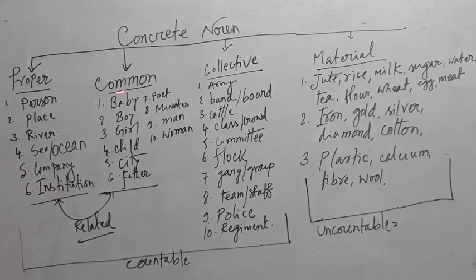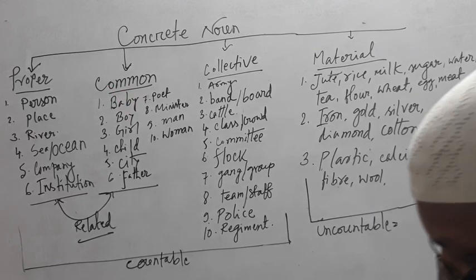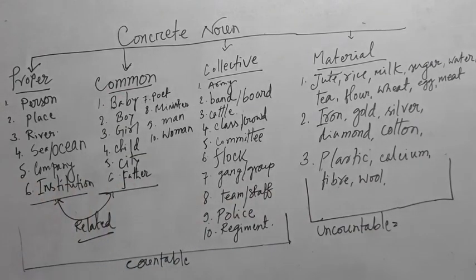Now come to common noun. What is a common noun? Common noun means any class or any type of something. Suppose baby, and then boy, and then girl.